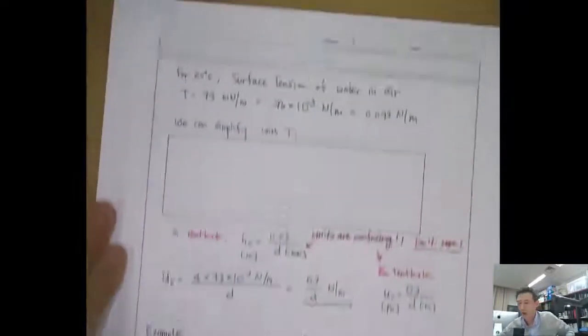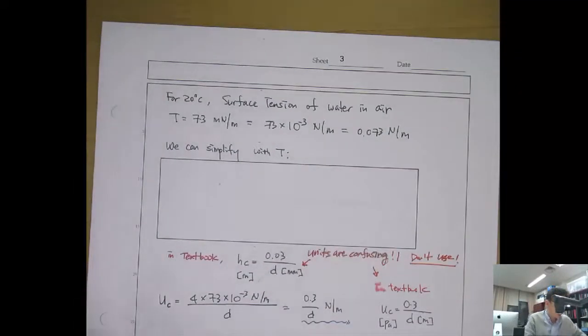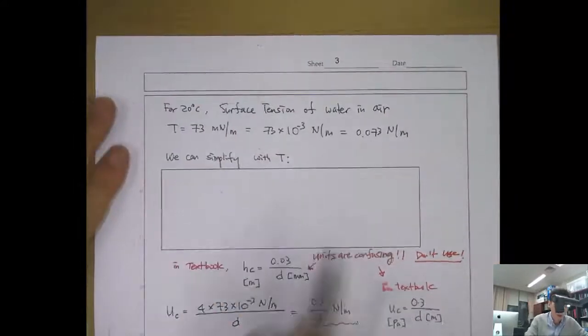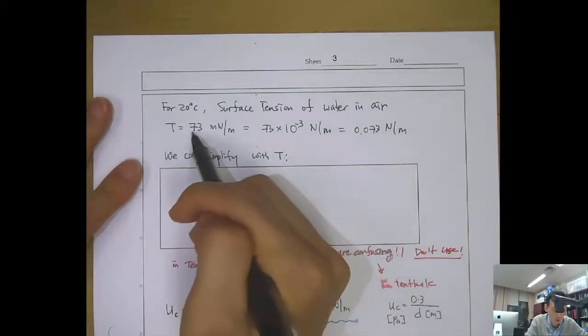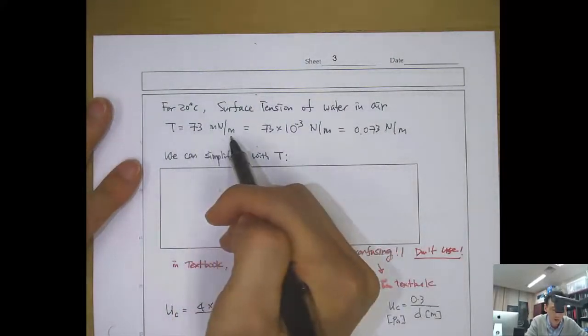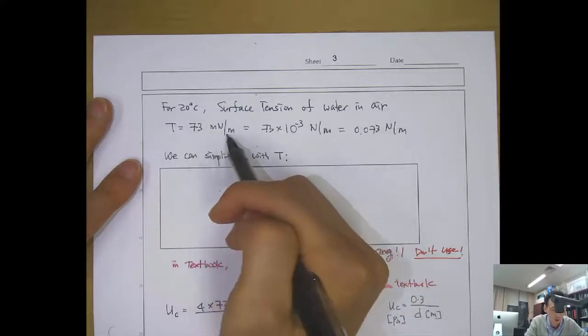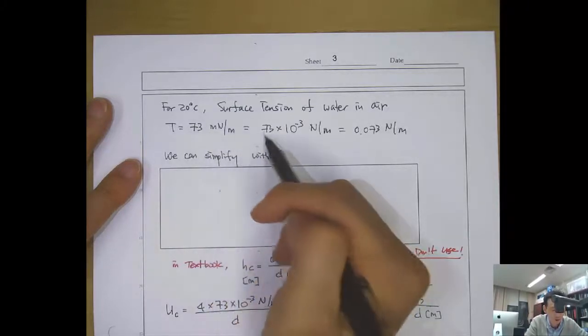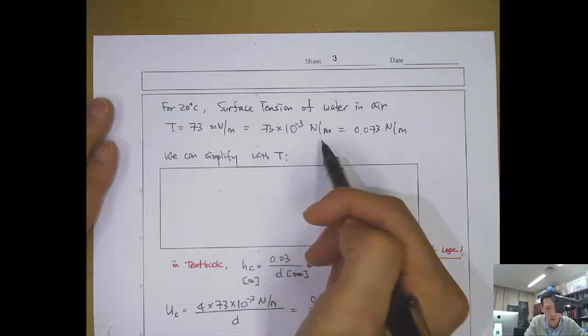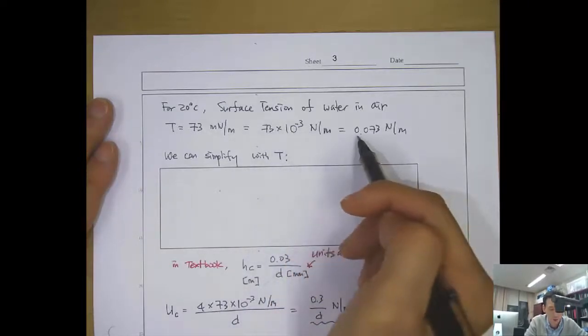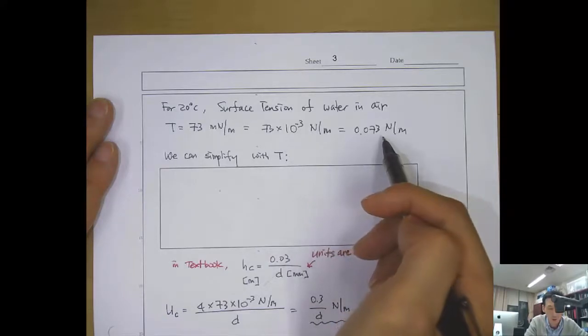So that was the tube analogy. Then let's use the real number. For 20 degrees Celsius, the surface tension of the water in the air, T, is 73 millinewton per meter. Millinewton is 1,000th of it. So 73 times 10 to the negative 3 Newton per meter, or 0.073 Newton per meter.